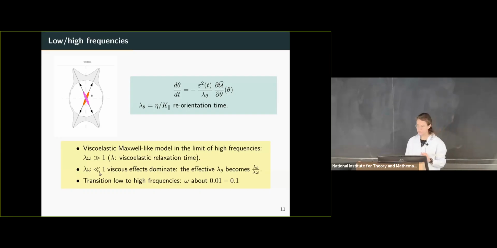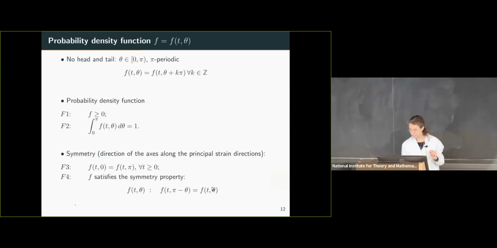They saw that when this quantity is small, viscous effects dominate, and the effective reorientation time becomes this time. You have a transition from low to high frequency when omega is in this range of frequencies. So we wanted to include also these facts.